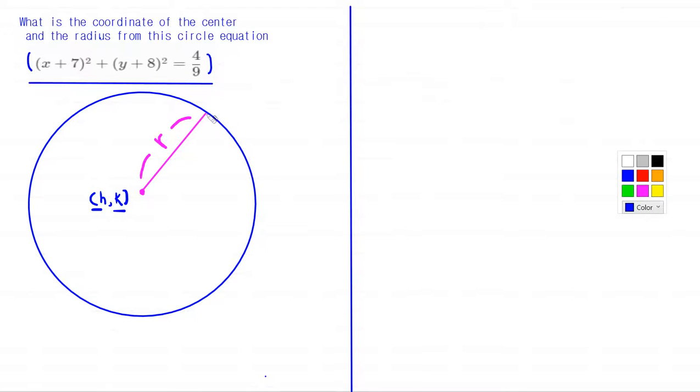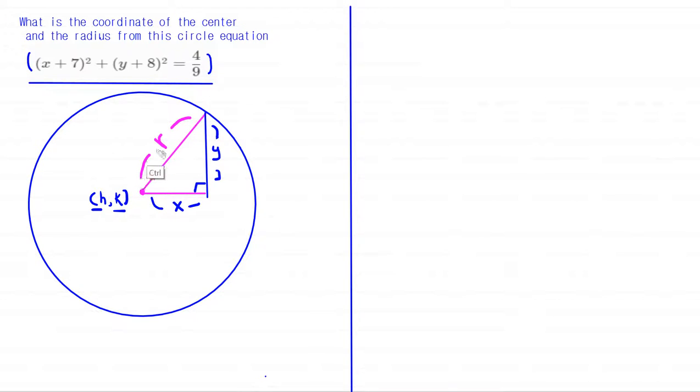If I make a right triangle right over here with the base, and here's my right angle, and I label this side x and this side y, then using the Pythagorean theorem's definition, the hypotenuse squared, which is r squared right over here, is equal to x squared plus y squared.